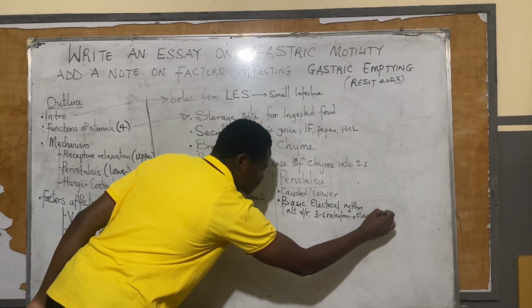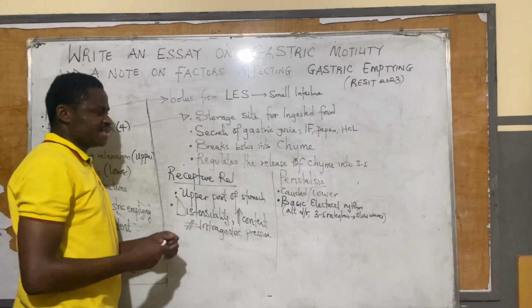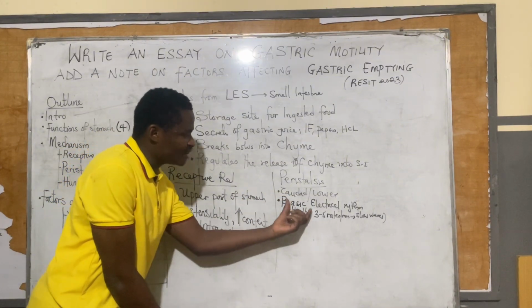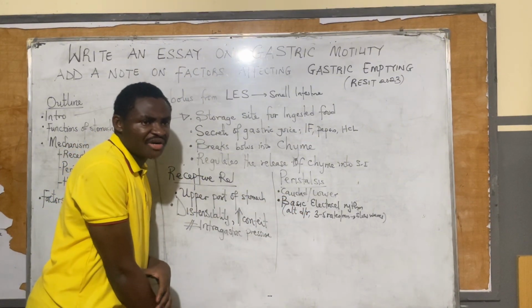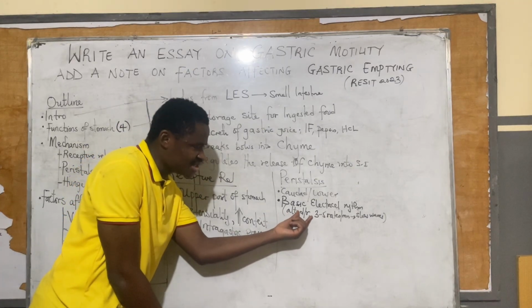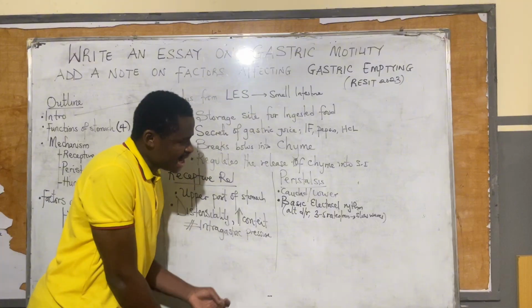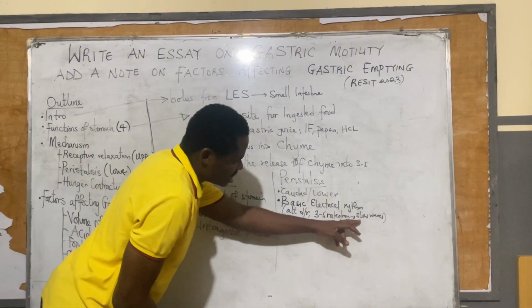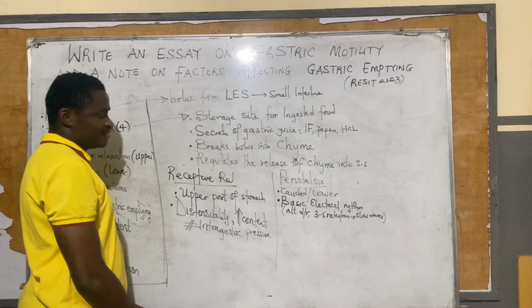Okay? So we have said peristalsis occurs at the lower portion of the stomach, on the basis of what we call basic electrical rhythm. And basic electrical rhythm is alternate depolarization and repolarization that occurs at 3 to 5 cycles per minute and is also called slow waves.